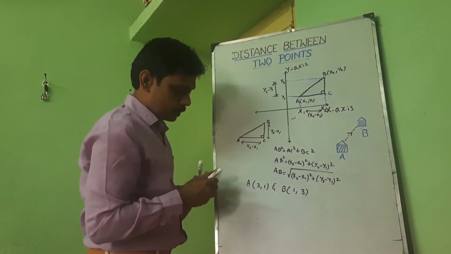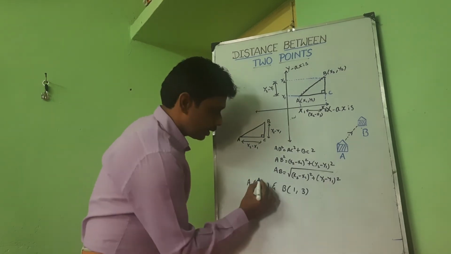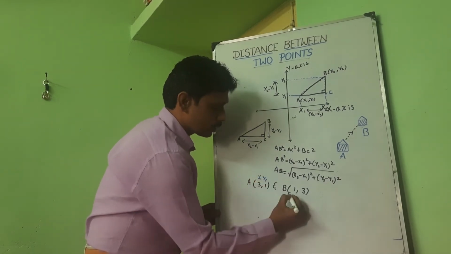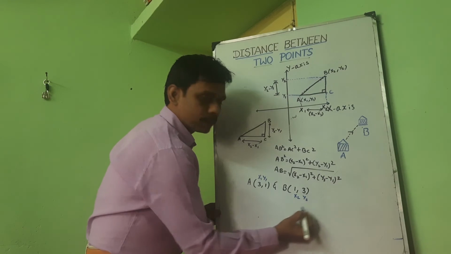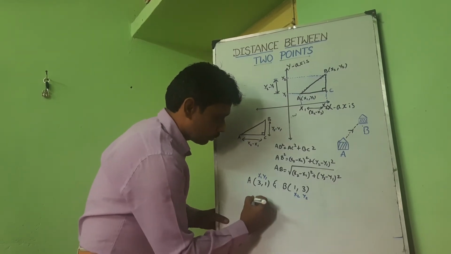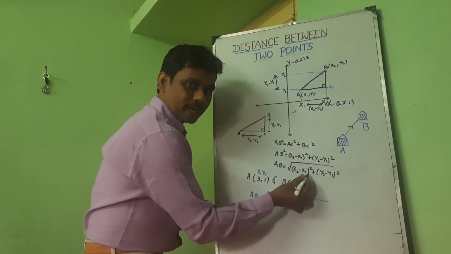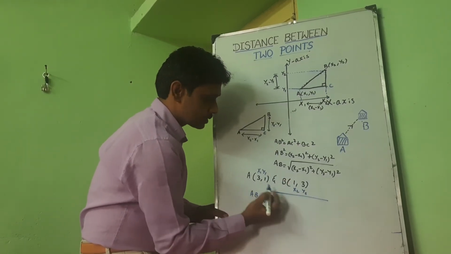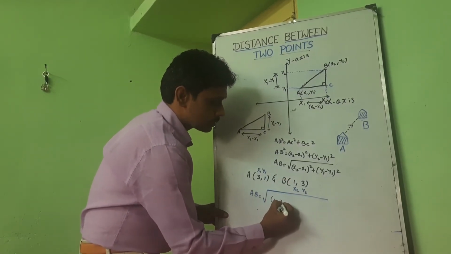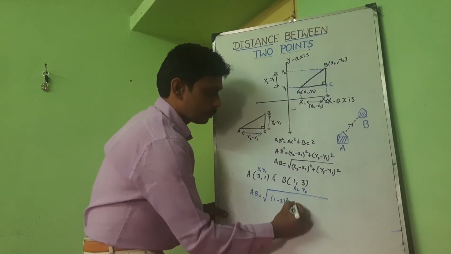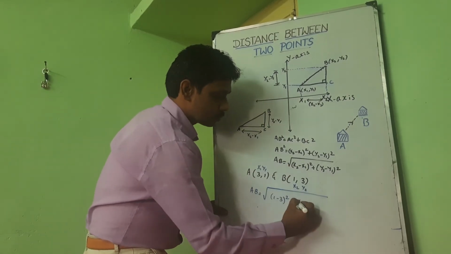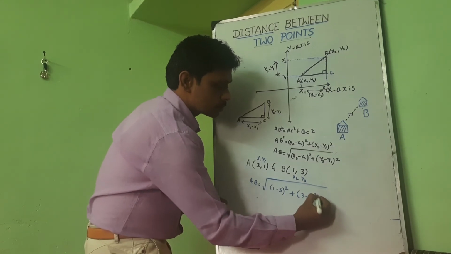So if you see here, the 2 points are A, x1, y1 and this is x2, y2. So based on that formula, we can write AB is equal to the square root of x2 minus x1, so we can write (1 minus 3) whole square plus y2 minus y1, so we can write (3 minus 1) whole square.